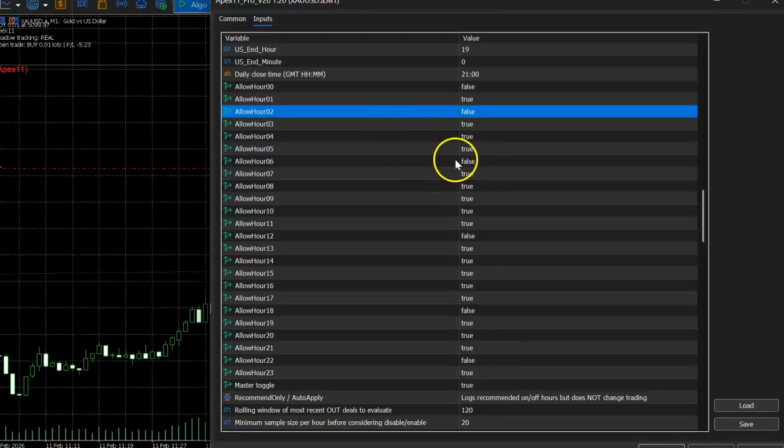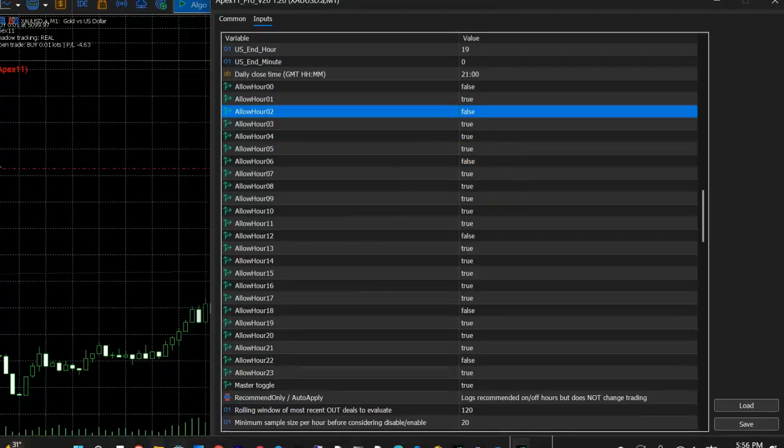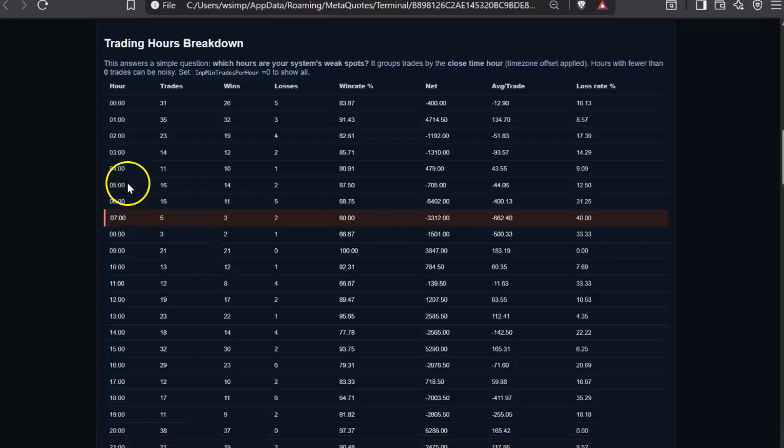So 3 a.m., 4 a.m. is on. So we keep them at true. 5 a.m. has 16 trades. Again, I want to just make sure that we get enough data first for recommendations.